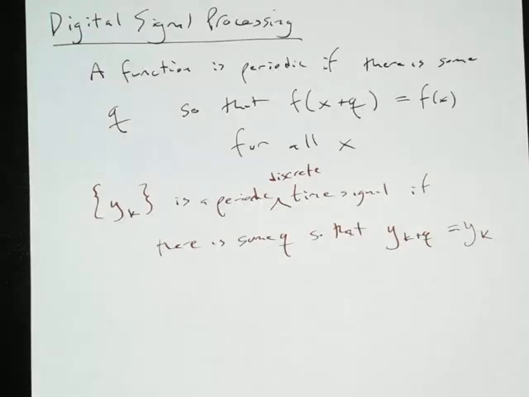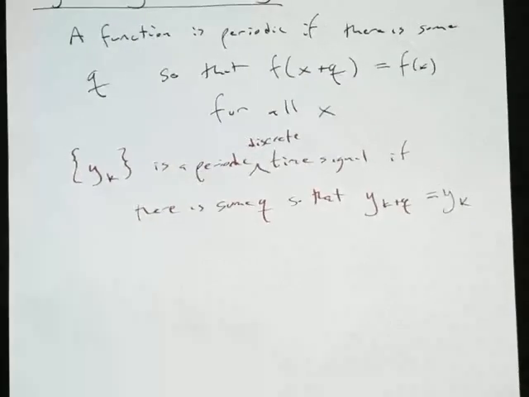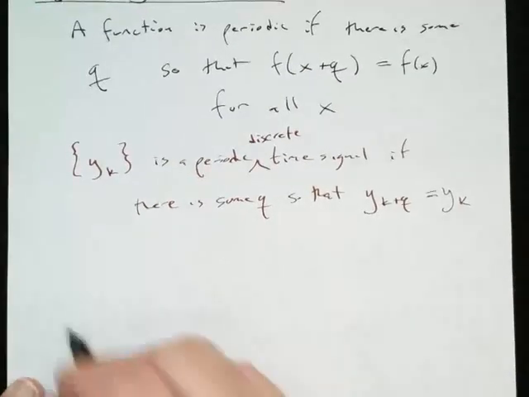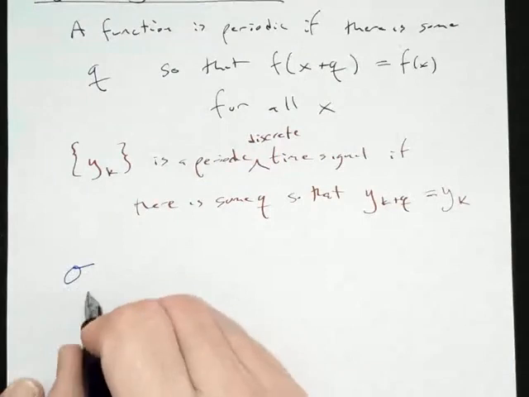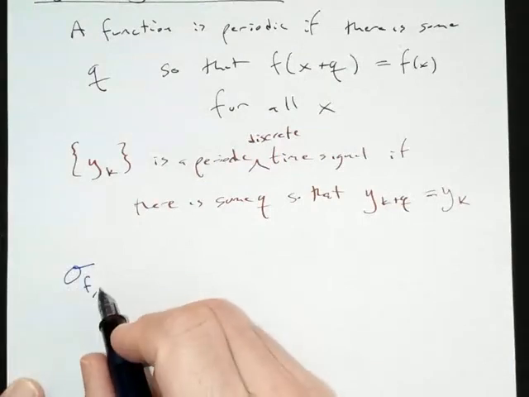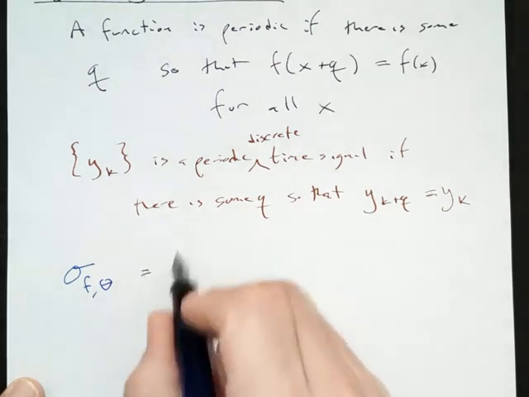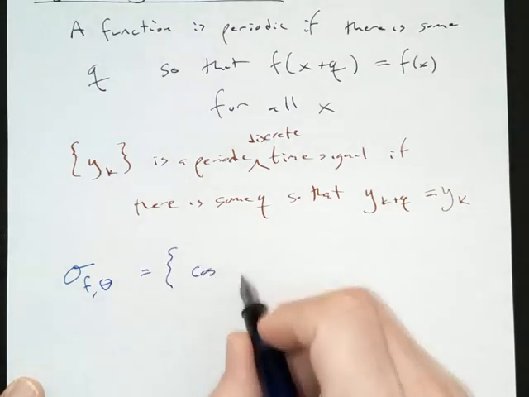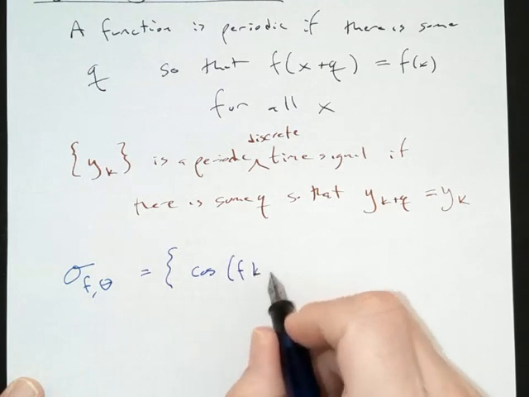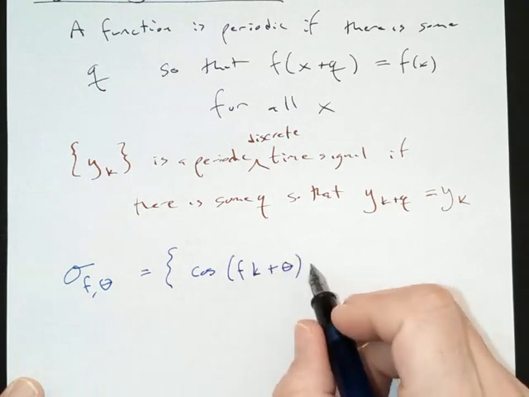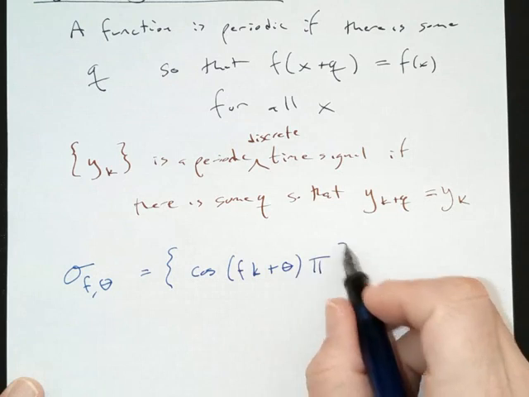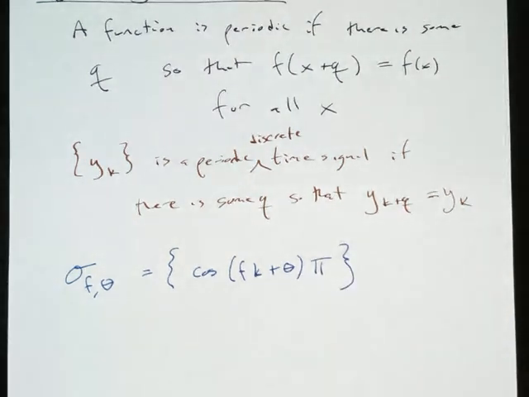Now, if I really want to make a wave, I could pick something like sine of x, and I could say we will create a family of signals. Something like this.